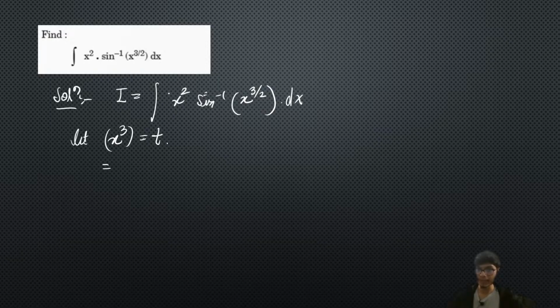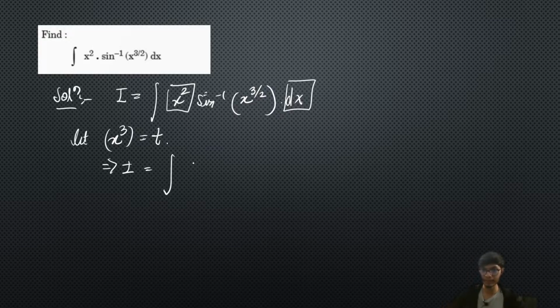So why are we doing it? Again, because we have x square and a dx part over here, so I'm trying to simplify it. So I can write 3x square dx is equal to dt, right? So from this part I will get x square dx as dt by 3, right?